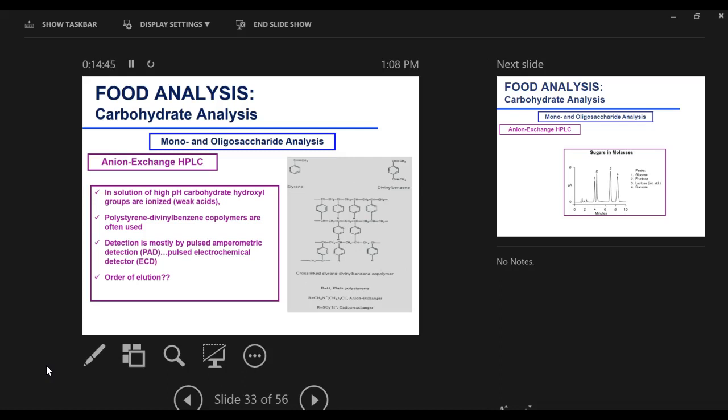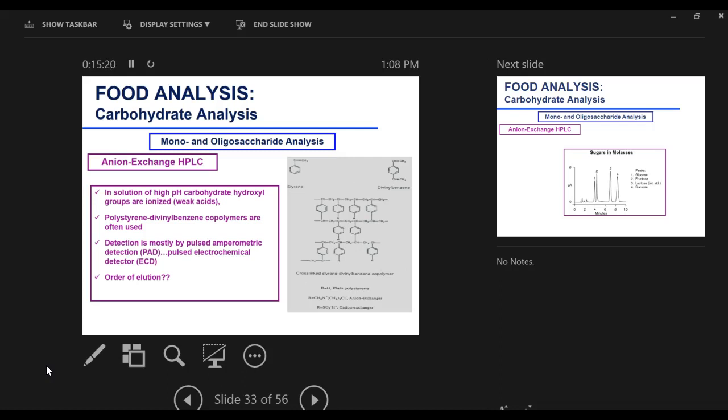What would be the order of elution in this case? If you have glucose and sucrose, which would come first, glucose or sucrose? The compound that interacts the most with the column will come later. Which will interact more with the column, glucose or sucrose under high alkaline pH?